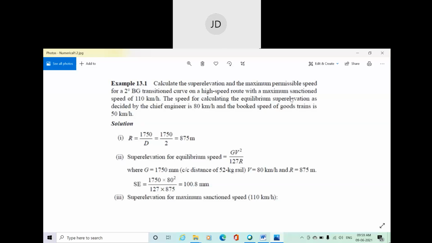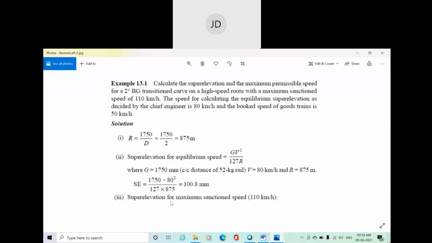It is the equilibrium speed. That means the speed for calculating the equilibrium super elevation decided by the chief engineer is 80 km per hour. Since we are finding the equilibrium super elevation, you have to use this value. V here is 80 km per hour, and R is the radius we have already determined. Put all values, and you find the equilibrium super elevation as 100.8 millimeter.